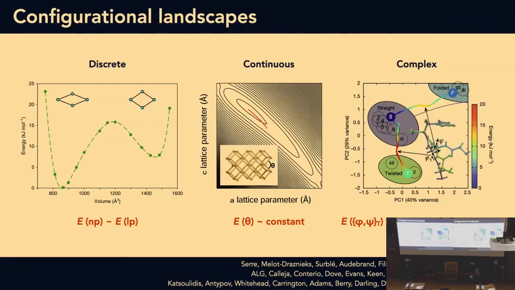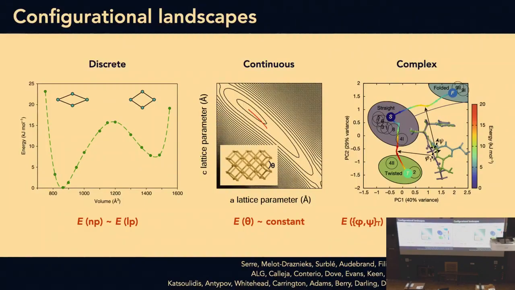So you might go from something that has a discrete degree of freedom to something that has a continuous degree of freedom. An example on the right-hand side is something I've just called complex, for want of a better word. But this is where the degrees of freedom are not so easily identified as individual components. So this is a sort of flexibility you might get in something like proteins, where you go from one state to another, not by changing just a single angle, but through some very complex cooperative motion.